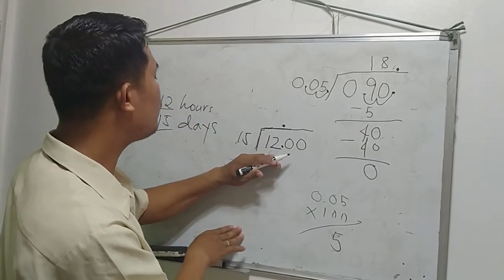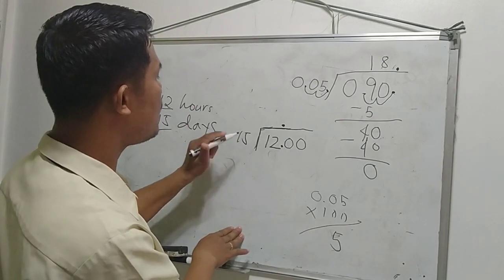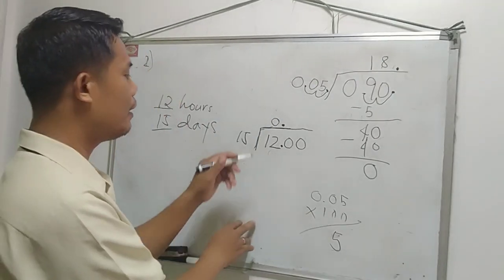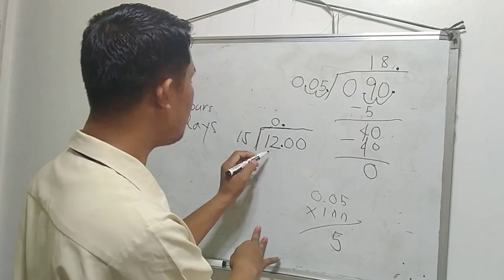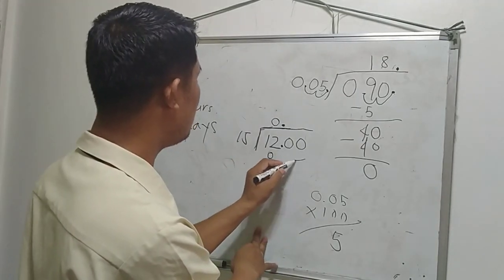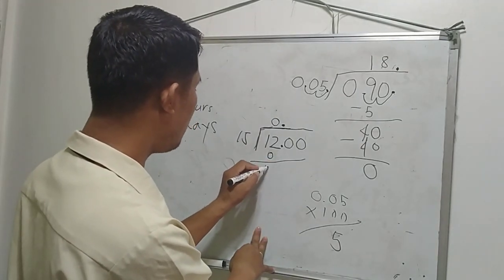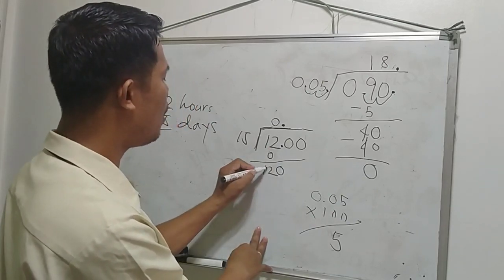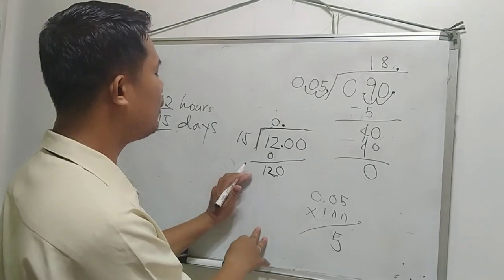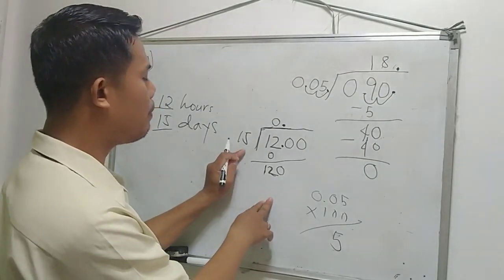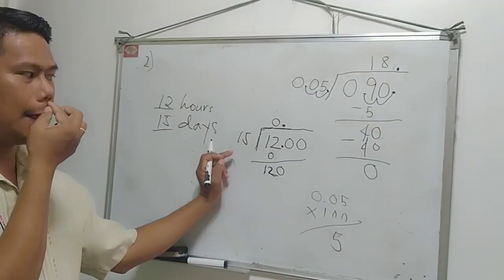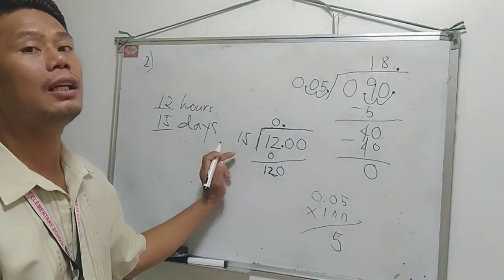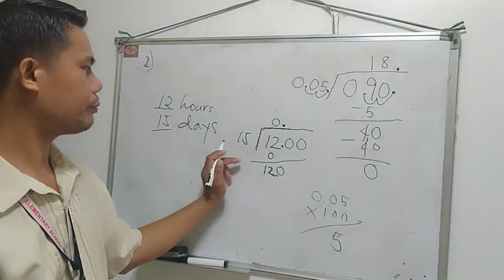Now, 12 divided by 15 is 0. Then we have 15 times 0 equals 0. Then, minus. So we have 12. Bring down 0. Now we have 120 divided by 15. So, ilan ang 15 ang nasa 120?